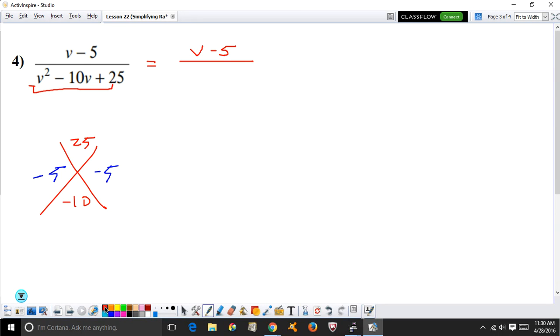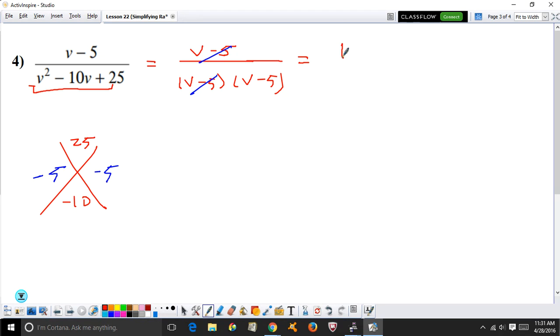So that means that I can rewrite the denominator as b minus 5 times b minus 5. Alright, so now we have this. Notice that the b minus 5s will cancel out.